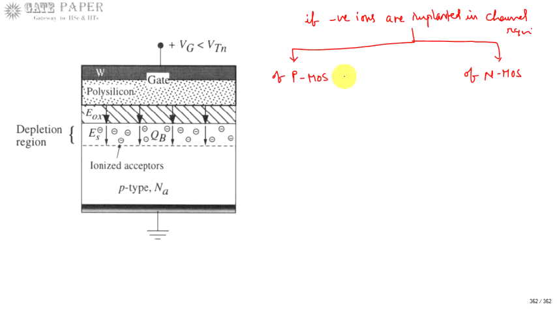That is N channel MOSFET and P channel MOSFET. PMOS is when it is an N type substrate, and NMOS consists of a P type substrate. Remember that.